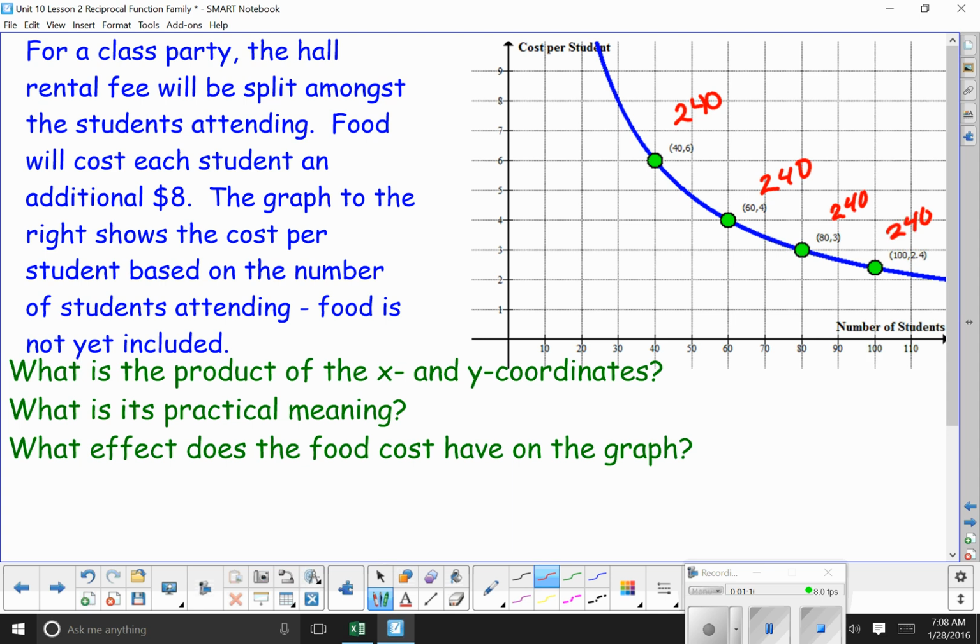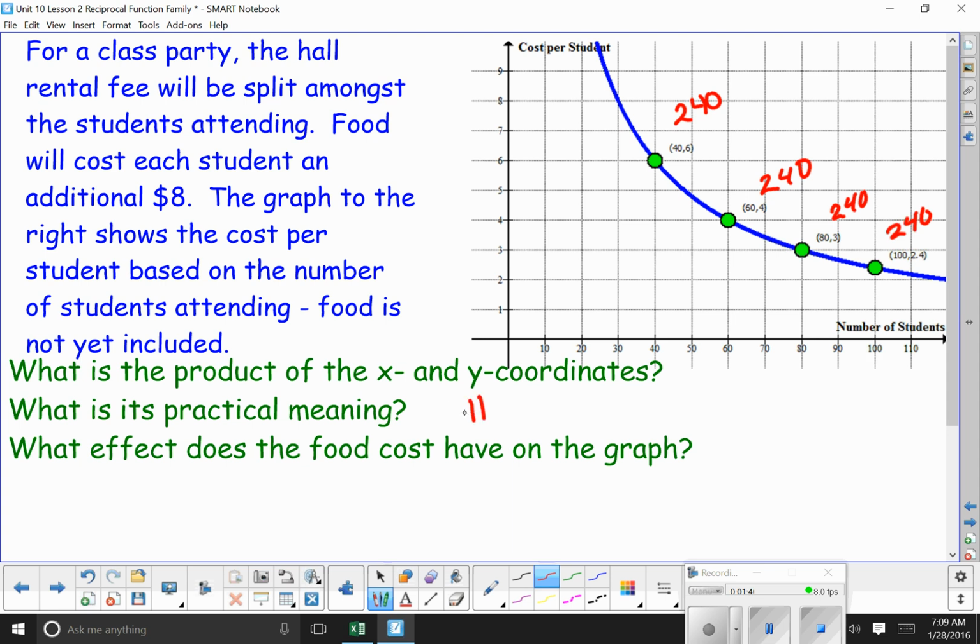Now, what's the practical meaning? Well, here it says that if 40 students attend, each one pays $6. If 60 students attend, they only pay $4. If 80 students attend, then they only have to pay $3. And if you get 100 students, then they'll only have to pay $2.40.